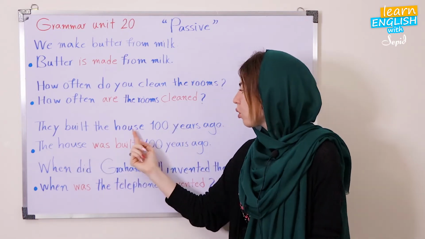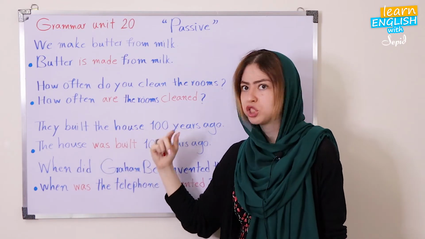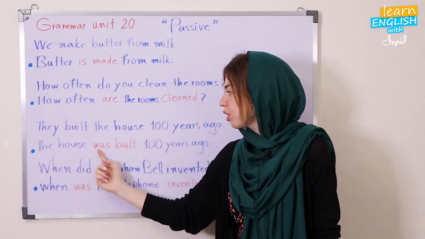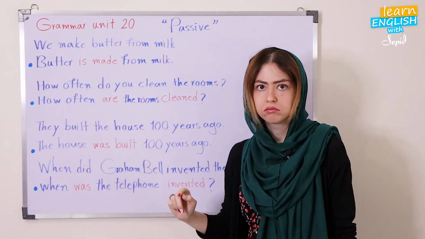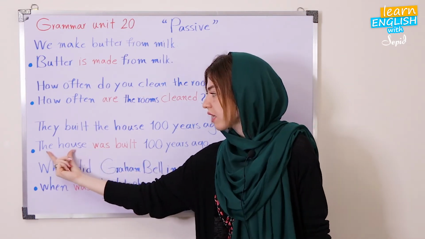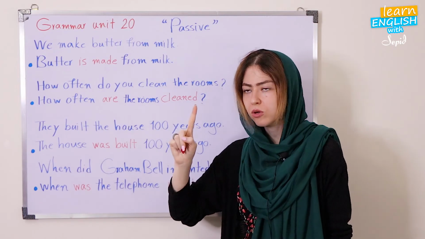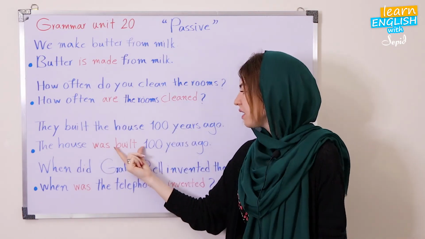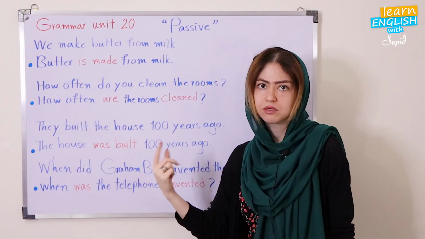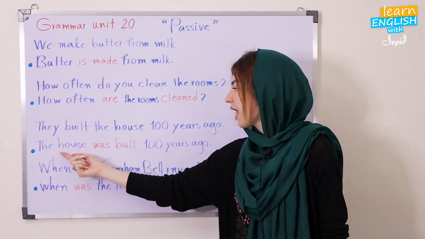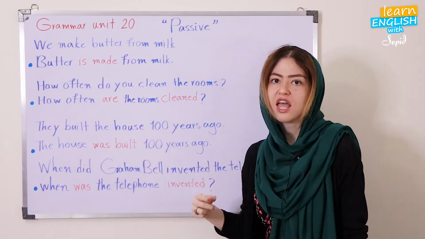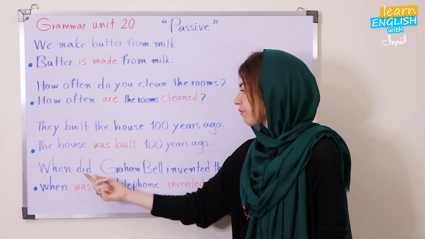So the house is the object. The house was built. According to house, because it's singular, we use was here, and built is the past participle. So the house was built 100 years ago, like this.